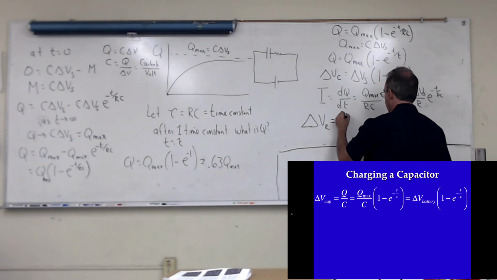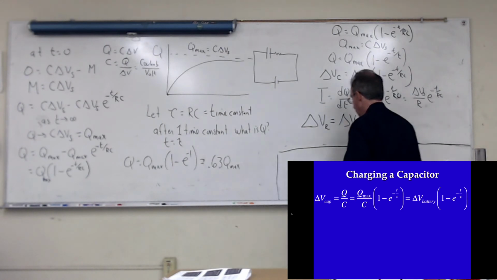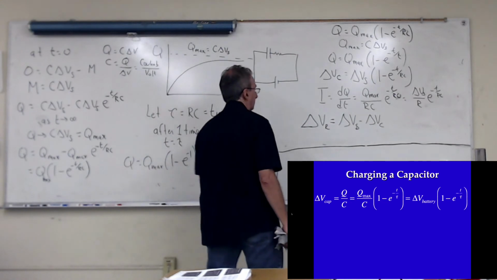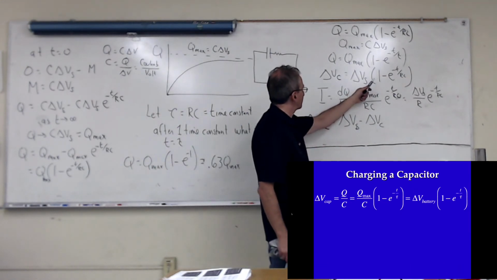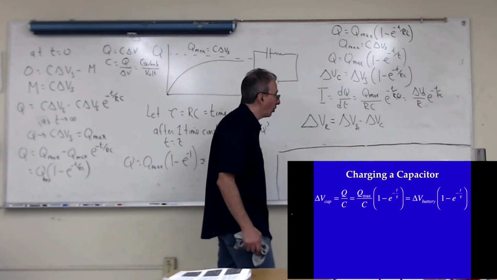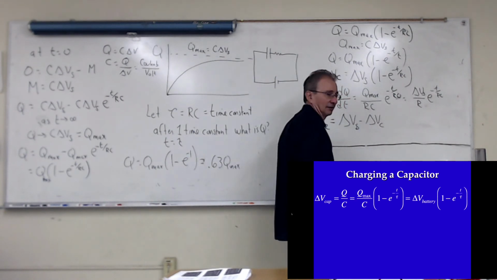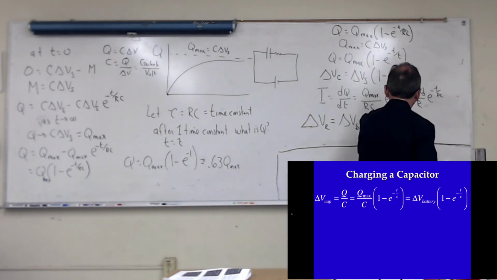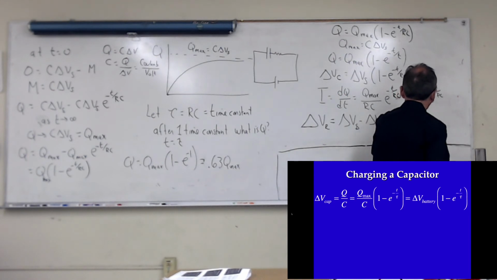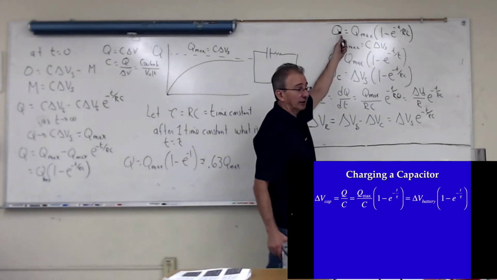It can be determined by taking the potential difference across the power supply minus the potential difference across the capacitor. So if you take delta V sub S minus this expression, you will get the potential difference across the resistor. Or you can take this equation and multiply by R. They're easy to figure out. Once you know this equation, everything else is easy to figure out.